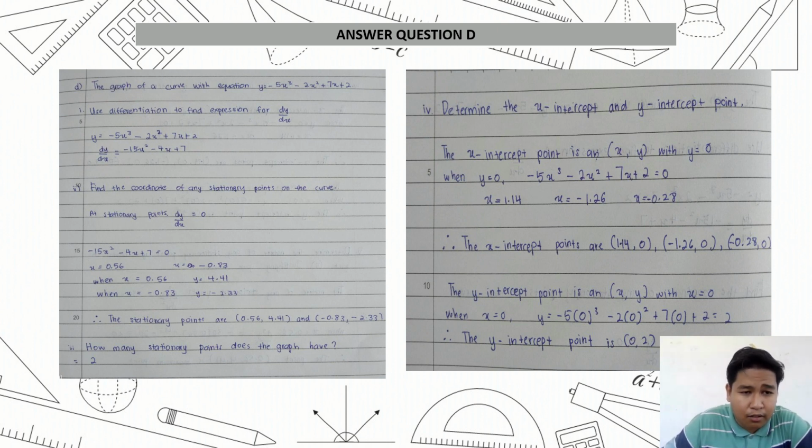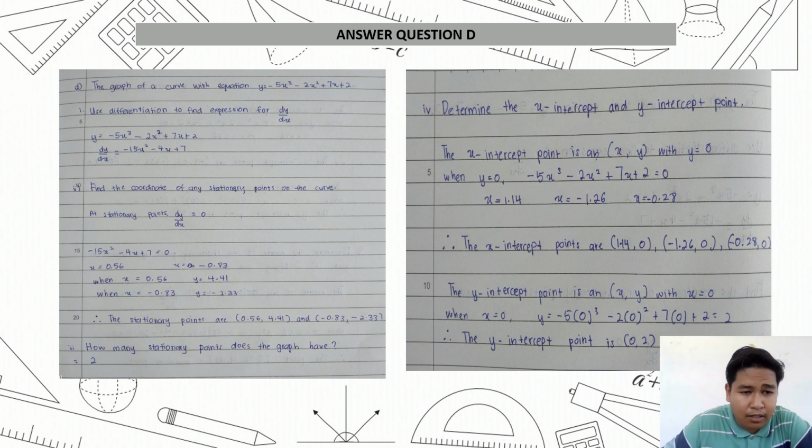Question 2. Find the coordinates of any stationary points on the curve. So at stationary points, dy over dx equals 0. So negative 15x squared minus 4x plus 7 equals 0. You can use a calculator to find x1 and x2.